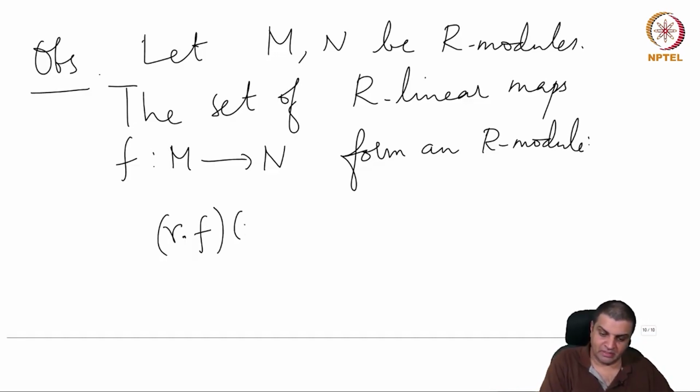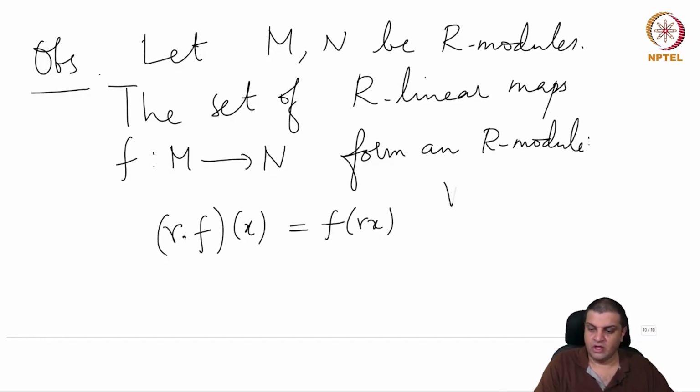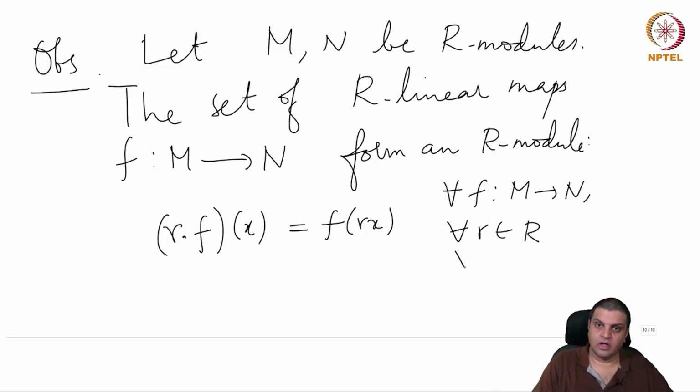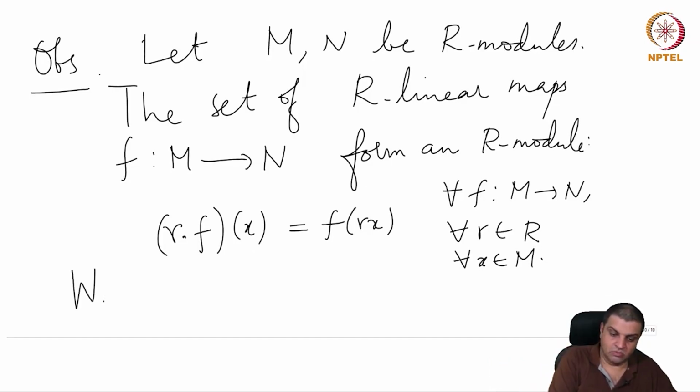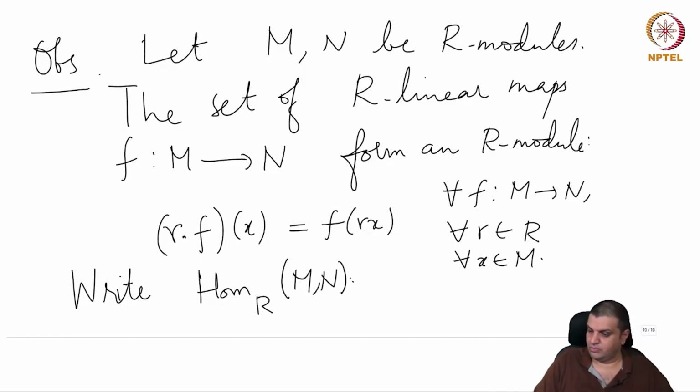So this is going to take some x, and you have to say what this x is. This is really f of r x, for all f from M to N, for all r in R, and for all x in M. So we'll write Hom subscript R to denote that it's R linear, Hom_R(M, N).